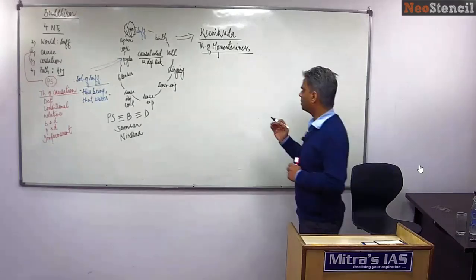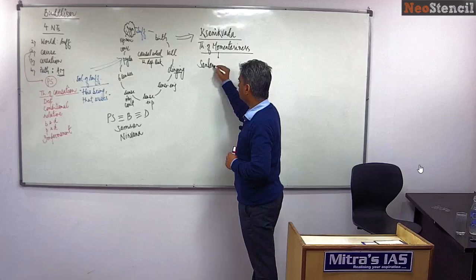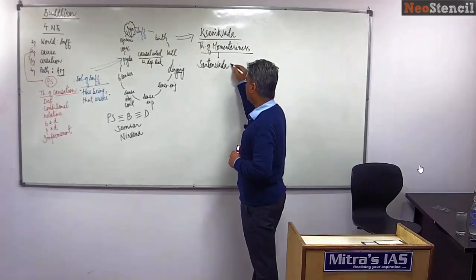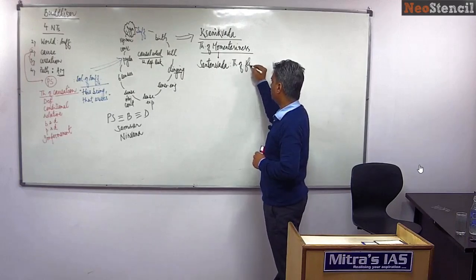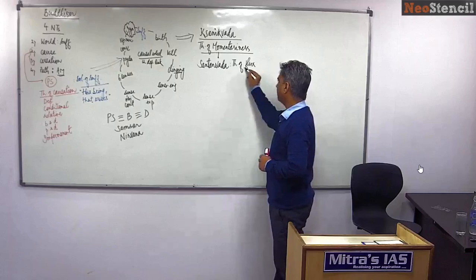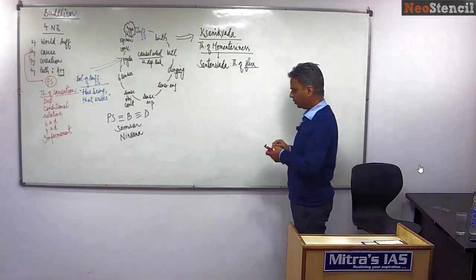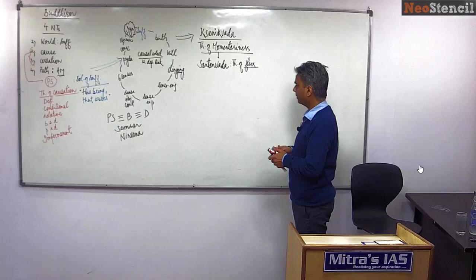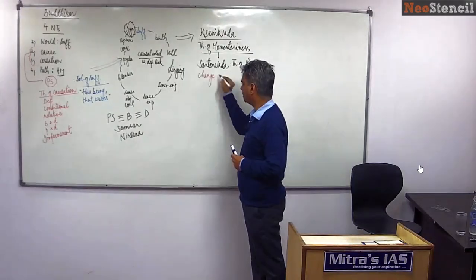This theory of momentariness is also known as Santanvad. That is nothing but the theory of flux. Flux means ceaseless flow. Right? This is Santanvad. It means he simply says that change is the rule of the universe.